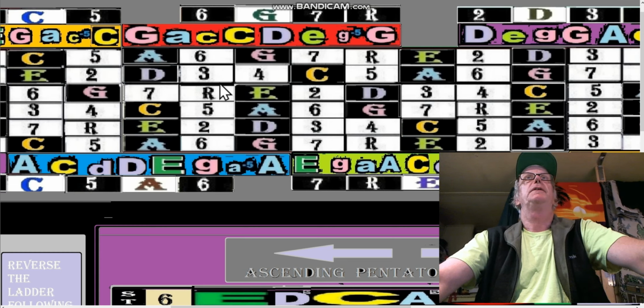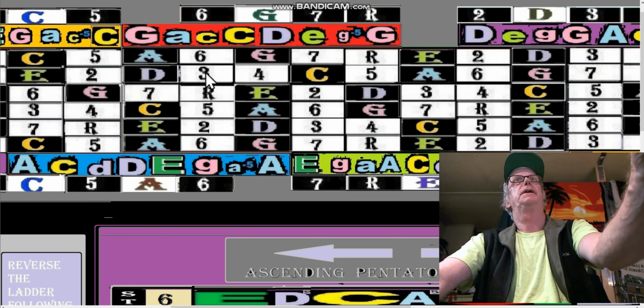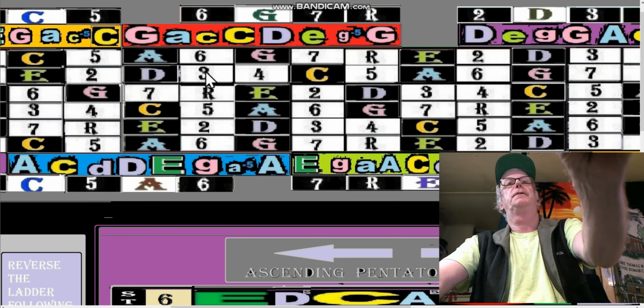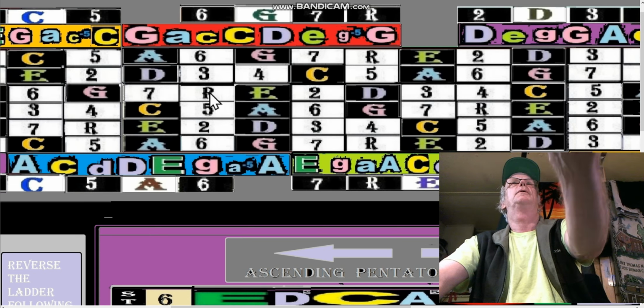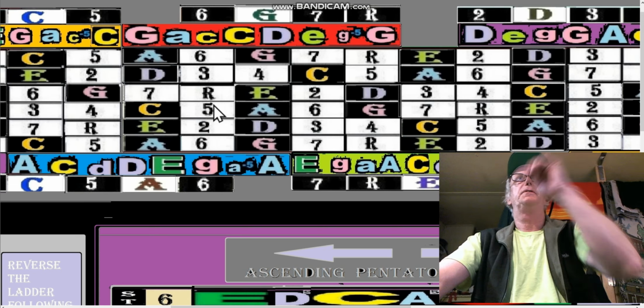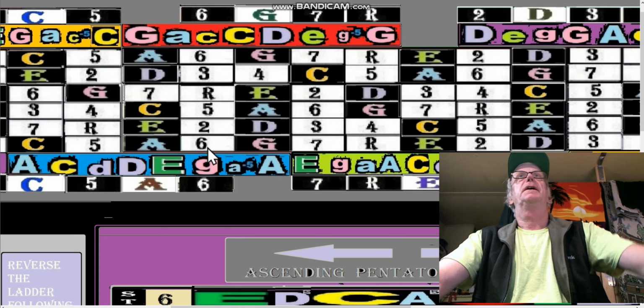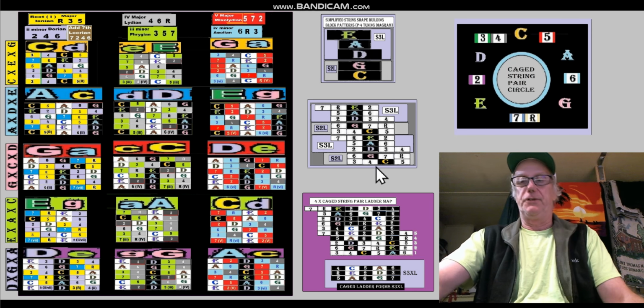So the fourth of C would go to the E string, and going the other way, in fifths, the fifth of the sixth is the three string, but the fifth of the third isn't the seven. We go augmented one more to the root, going straight down. And then the fifth of the root is the fifth, and so on down. So that's just the way it works with the CAGED system.